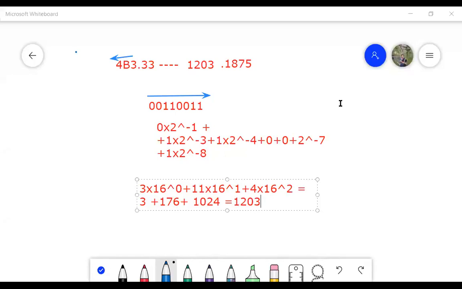Now again, how do you do the decimal part? We have 0.33 in the decimal, so it is 0.33 into 16, whatever you get. So 0.33 into 16 is how much?